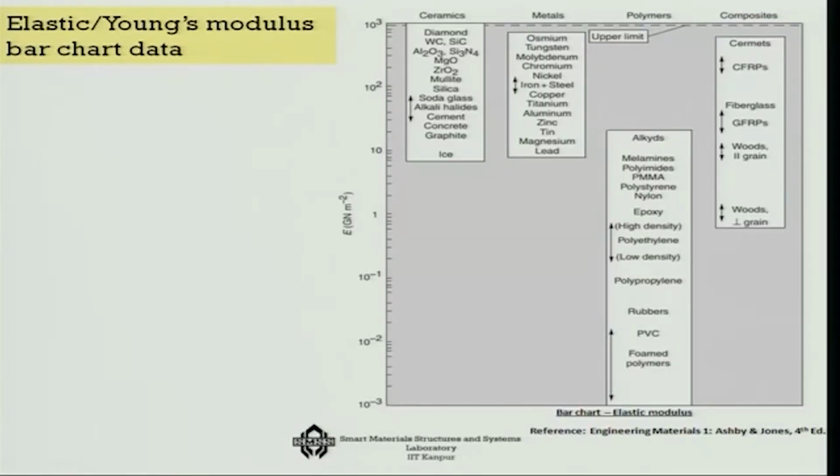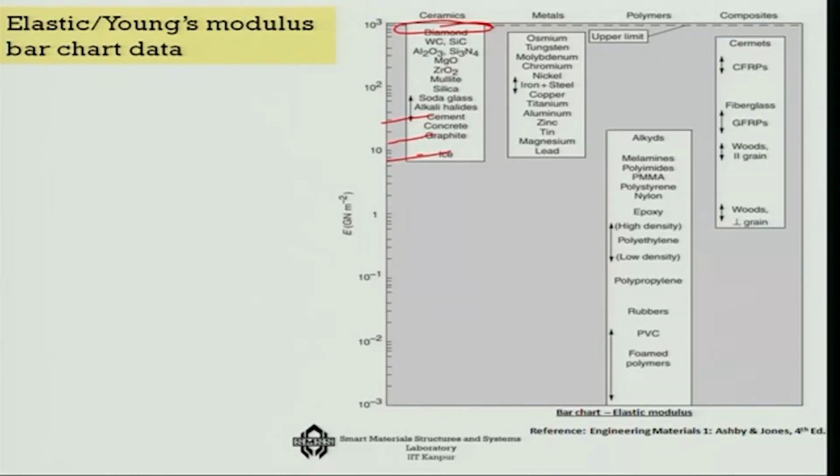For example, if you consider ceramics, they generally have a very high elastic modulus, like diamond, and then some may have lower modulus of elasticity, like the glasses or the ice or the graphite, the cement, but in general ceramics have reasonably high modulus of elasticity.